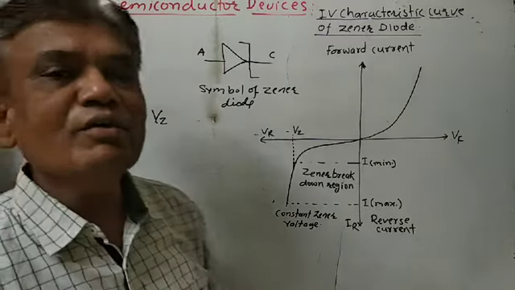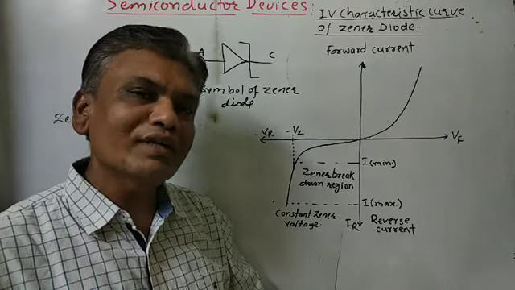This property of the Zener diode is used in voltage regulators.